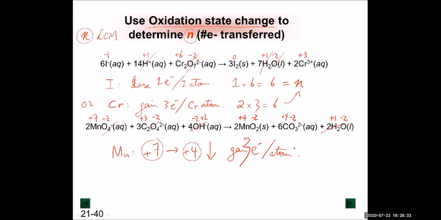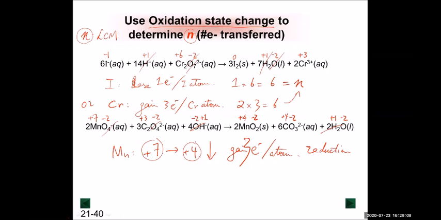When the oxidation number decreases, it means gaining electrons, which is reduction. A change from a high number to a low number means a decrease, which means a reduction.